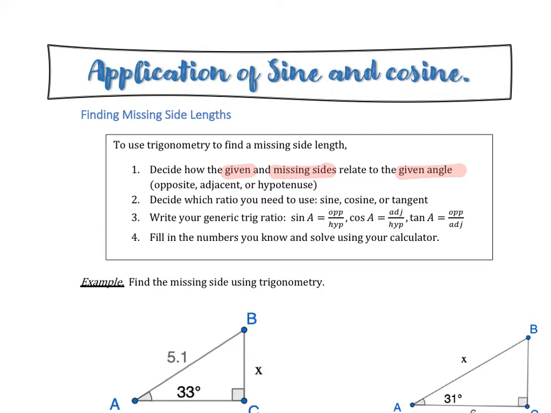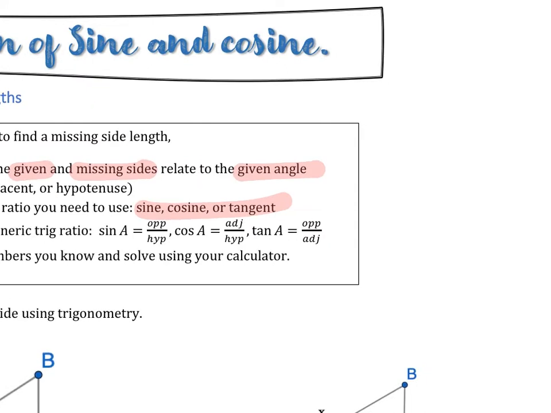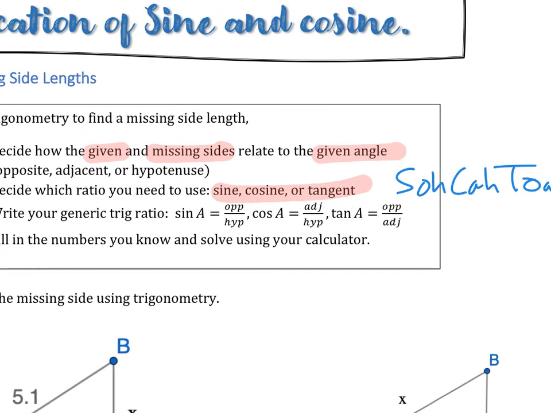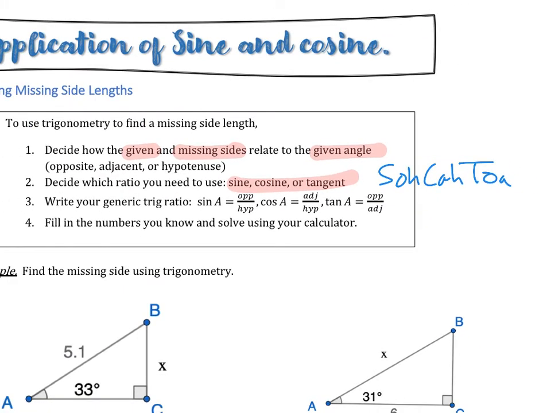Then we need to pick a ratio, either sine, cosine, or tangent. And to do that, what was that word again? I kind of forgot. Oh, yeah, that's right. SOHCAHTOA. Then we write our equation using our generic trig ratio, and fill in the numbers for the angles and the sides.